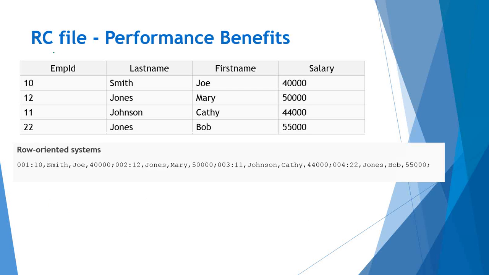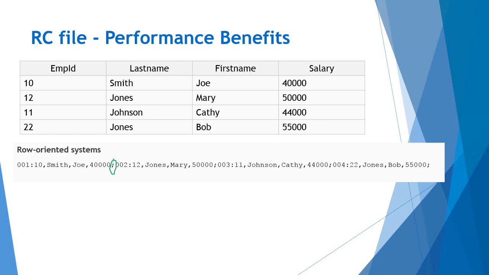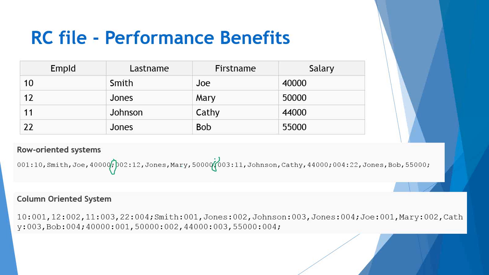And I'll come to all these slides in a minute. So practically this is how it is written. So these are your boundaries in a column oriented system, here are my boundaries and the position. So not only the data I'm storing, I'm also storing the position of that column.